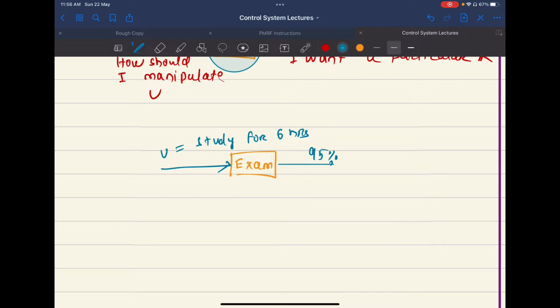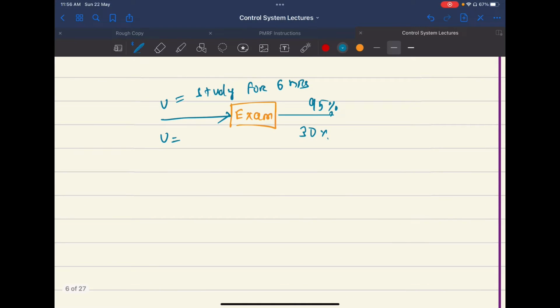We need to strategize according to what we want. If we want to just pass, just clear the exam with 30%, then definitely our U will be lesser than what we had to do for 95%, which was 6 hours.